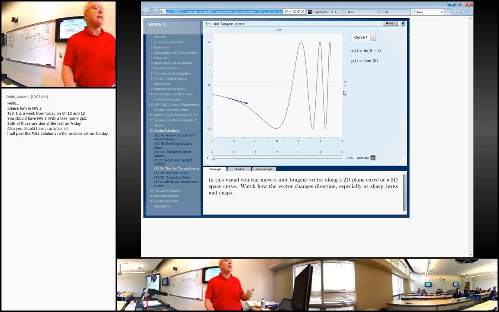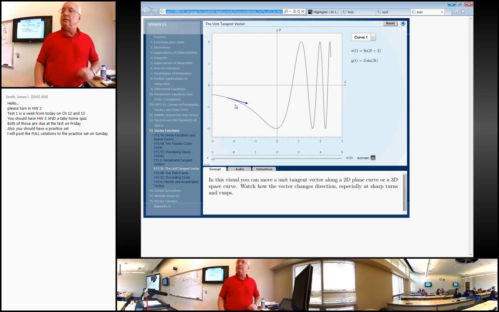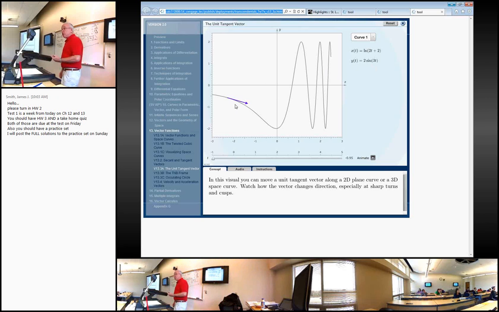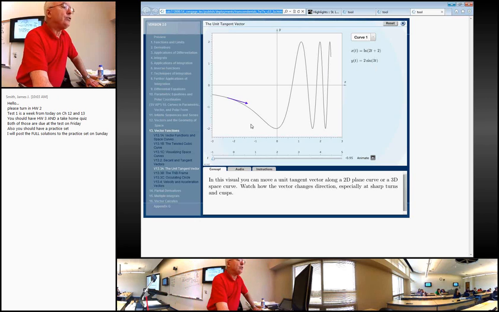We only have an x component and a y component. The x is an ln function, the y is a sine function. This purple vector that's just touching the curve is the unit tangent vector. Notice the curve doesn't really change much here. When we start moving this along, the tangent vector doesn't change direction too much.